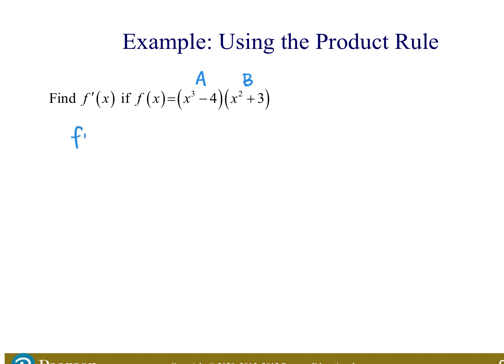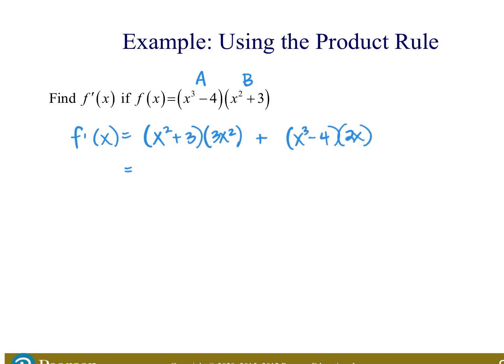And so f prime, I like to start with B, with the second one. So x squared plus 3 times 3x squared, which is the derivative of a, plus, and then x cubed minus 4, and then the derivative of b, which is 2x.